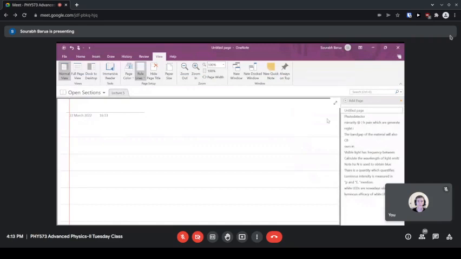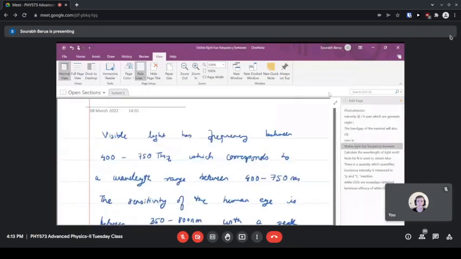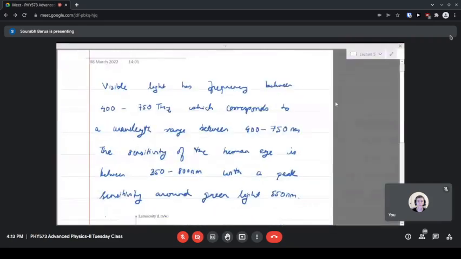Sir, about this direct band gap, indirect band gap, I have a little bit of doubt. Sir, when non-radiative recombination happens, will that be an indirect band gap? Yes, if it is not emitting a photon after recombination, it is emitting energy as heat.